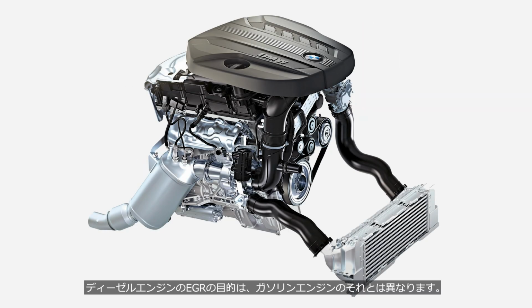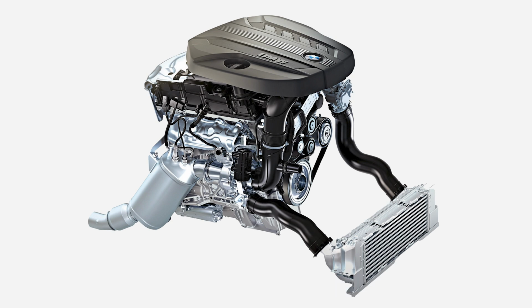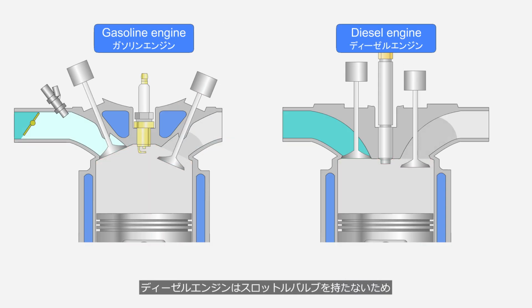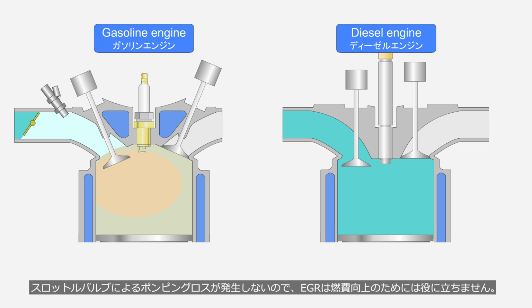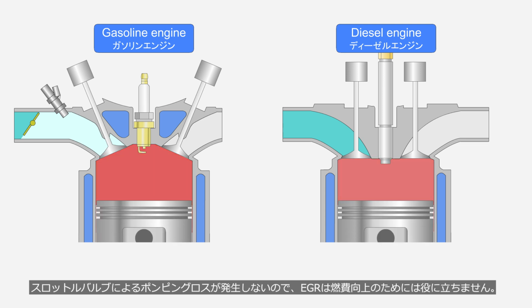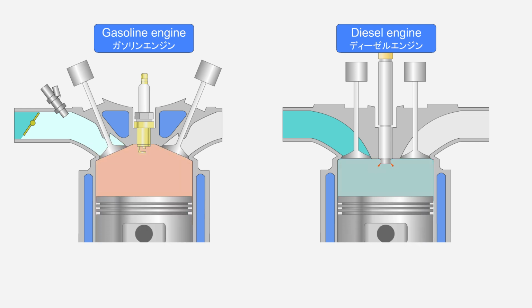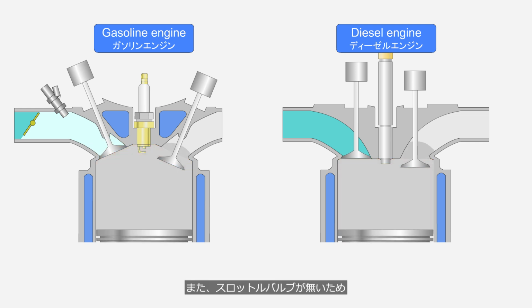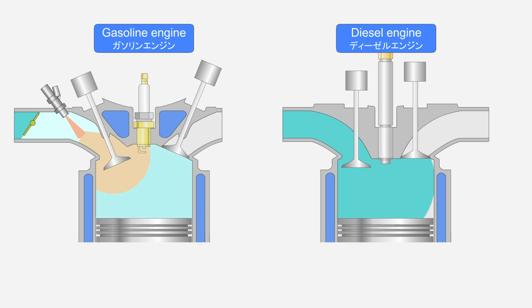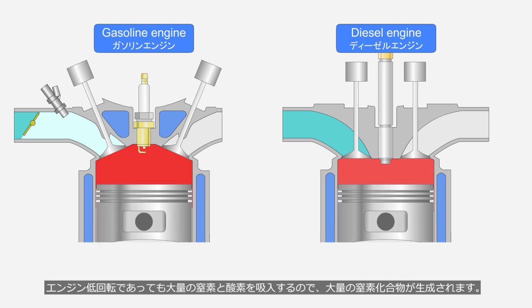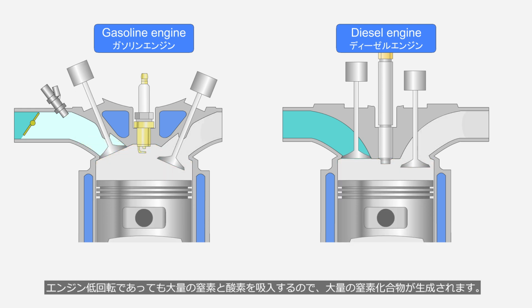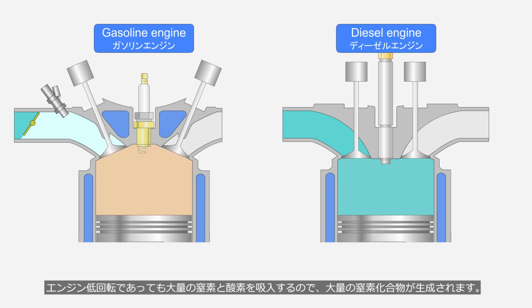The purpose of the EGR in a diesel engine differs from that in a gasoline engine. Since diesel engines do not have a throttle valve, there is no pumping loss caused by the throttle valve, meaning EGR does not contribute to improved fuel efficiency. Additionally, because diesel engines lack a throttle valve, they intake large amounts of nitrogen and oxygen even at low engine speeds, resulting in the generation of significant amounts of nitrogen compounds.